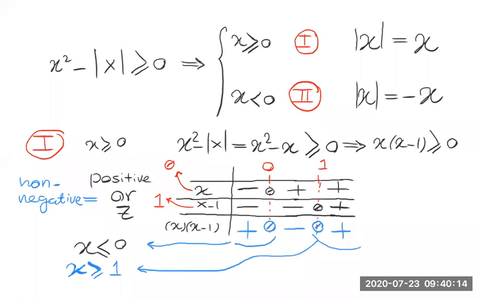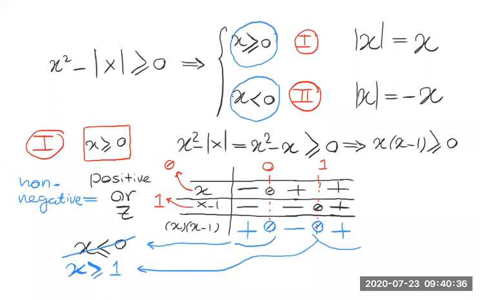Yeah, so here I assumed x is greater or equal than 0, right? I'm in the first part. See, I said I'm going to solve this thing in 2 parts. First, I would assume x is greater or equal than 0. Then I would assume x is negative. So I'm in the first part, assuming x is greater or equal than 0.